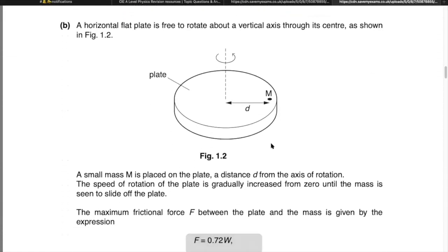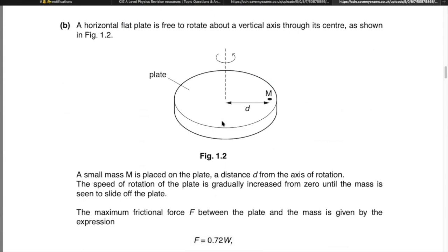Okay, let's look at the question. You guys can read the question. Come on, let's read the question. So we have a horizontal flat plate that is free to rotate. It looks something like a turntable, but it's not. It rotates about a vertical axis through the center as shown in figure 1.2.